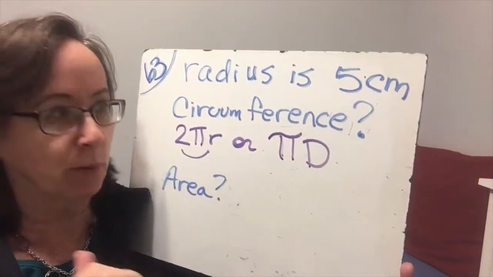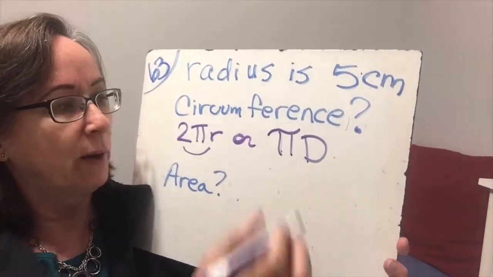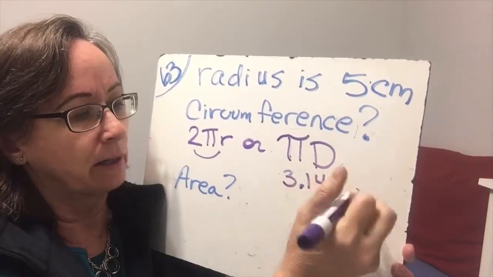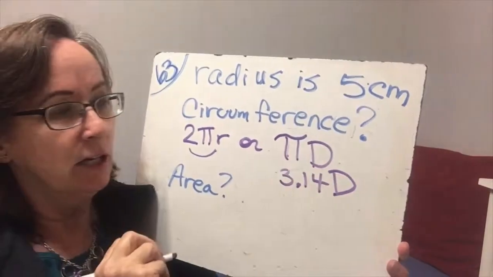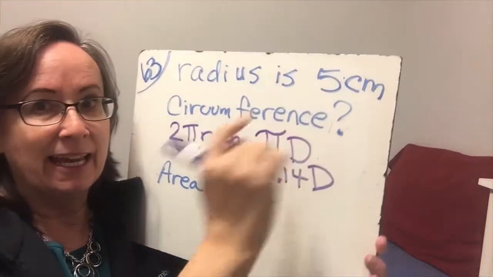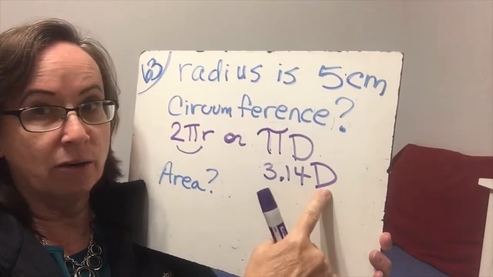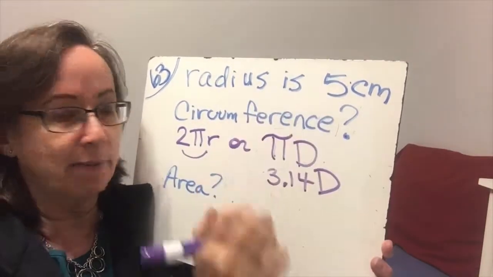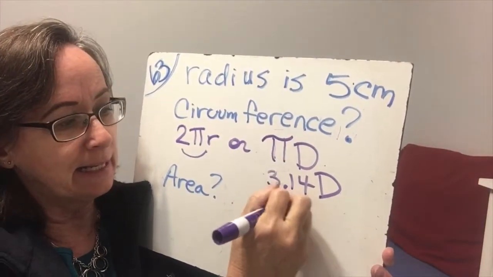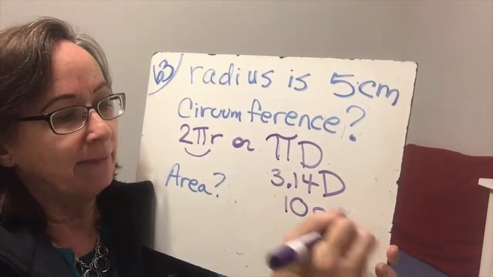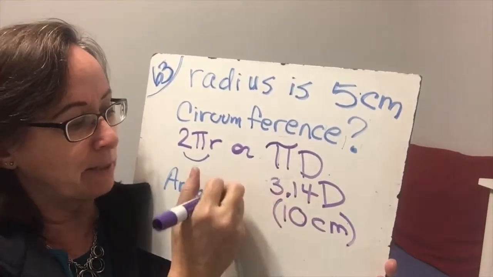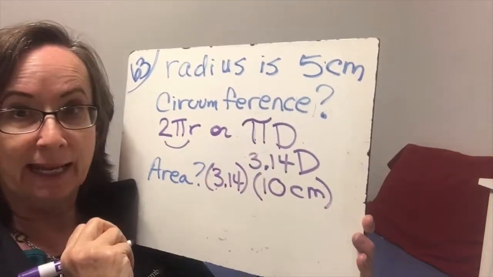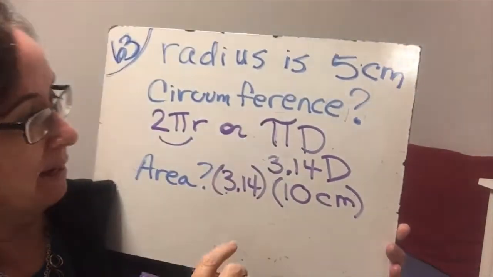So we use an approximate formula, which is 3.14 d. Okay, so here we have the radius is 10 centimeters. And know that the diameter is twice the radius, so the diameter will be 10 centimeters. And then we're going to multiply that diameter by 3.14. And now I need to do that math.